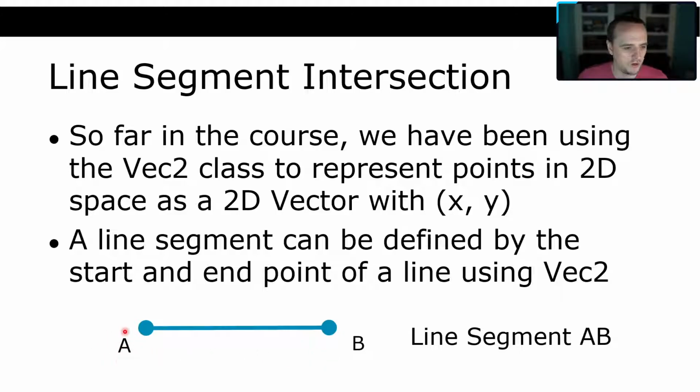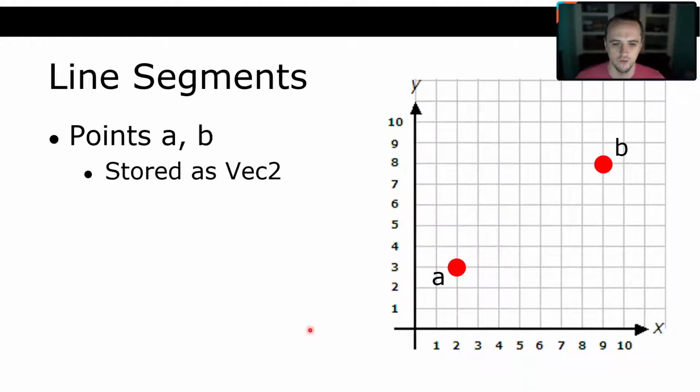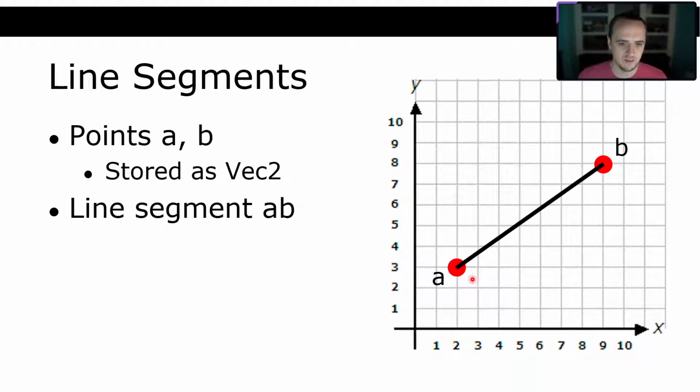Well, if we have one vec2 here called A, which has an x and a y component, and another vec2 here with an x and a y. So this is A, this is B. We call this line segment AB. Pretty intuitive. So if we have points A and B stored as vec2 in our engine, then line segment AB is just the line segment between them.